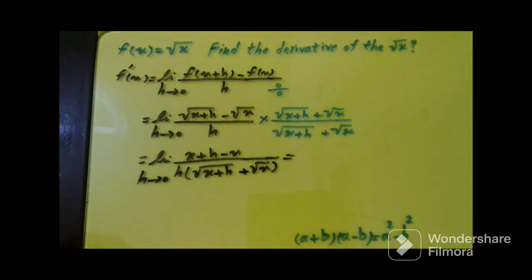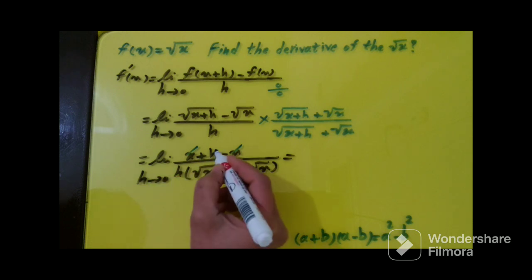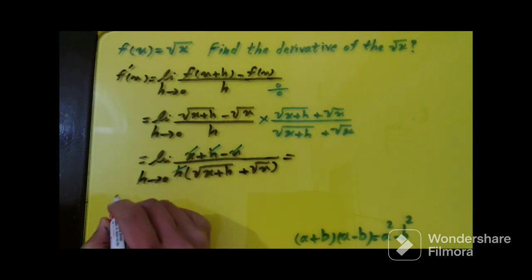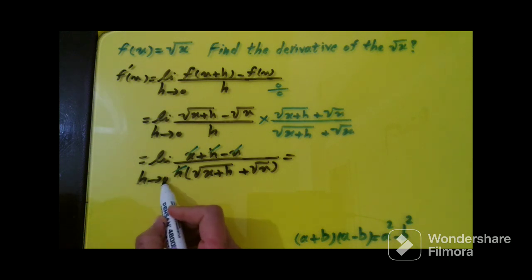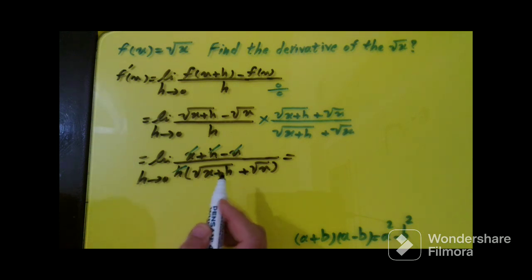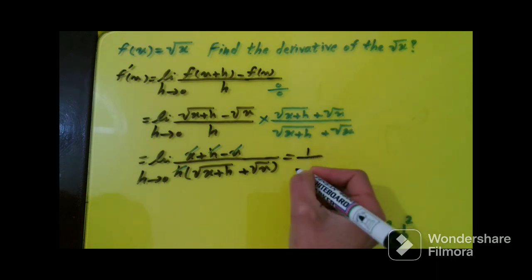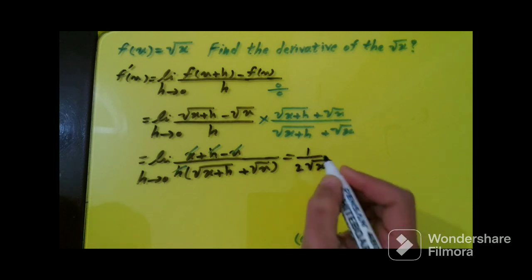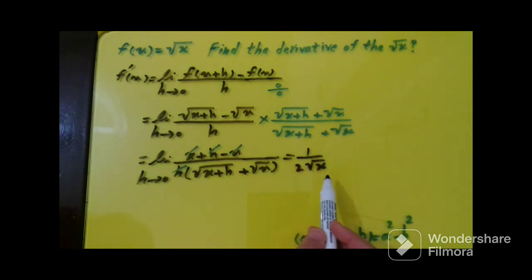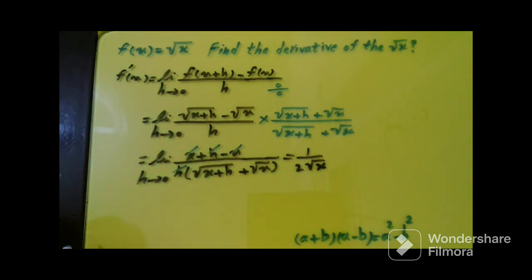Okay, now we can cross out x and h. If we put 0 instead of h in the end, it's 1 over 2 square root of x. 1 over 2 square root of x is the derivative of the square root of x.